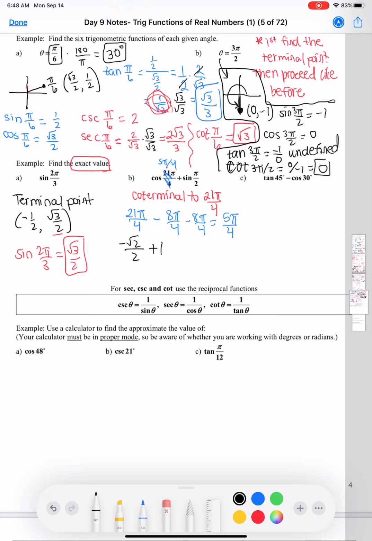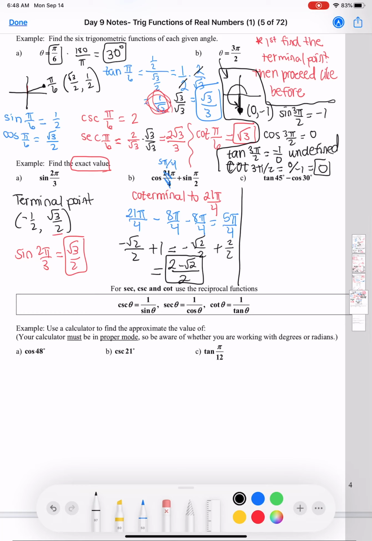And when I add these two together, I need a common denominator. So I'm going to make 1 be 2/2. And so when I simplify this, you can either write -√2 plus 2, or you can write 2 minus √2. Either way, it is the same thing. So I just flipped it around. I just did 2 minus √2.